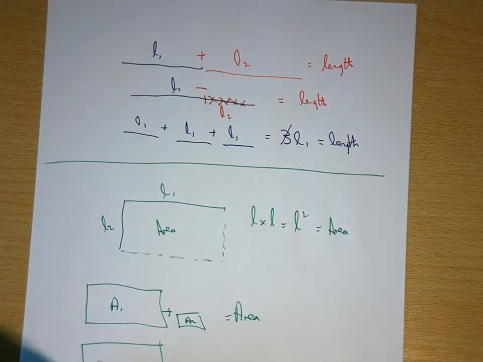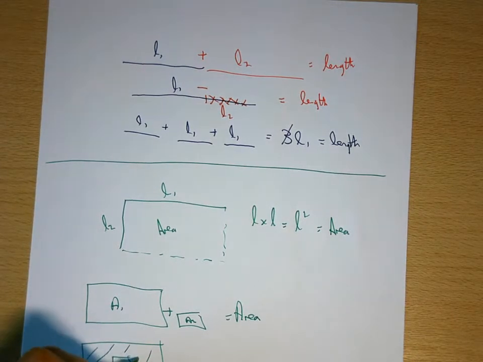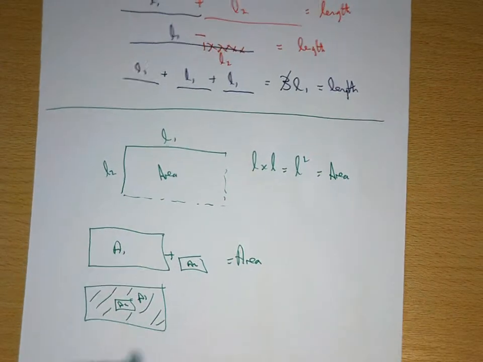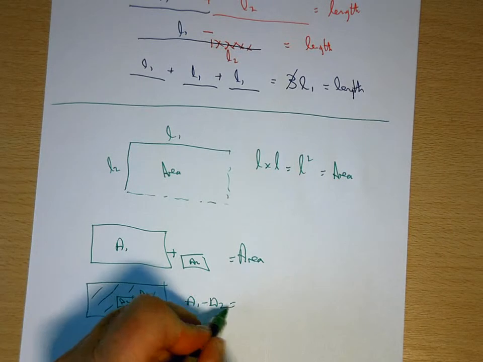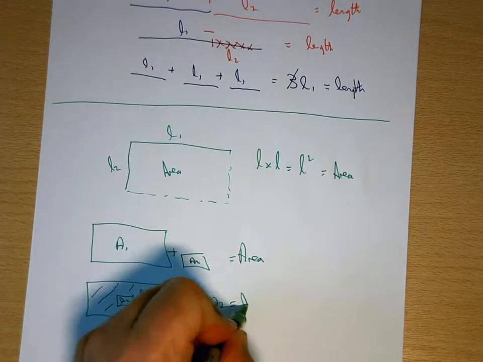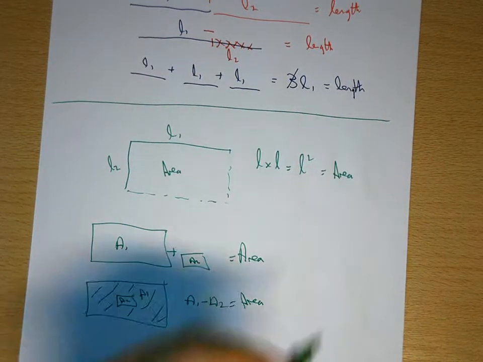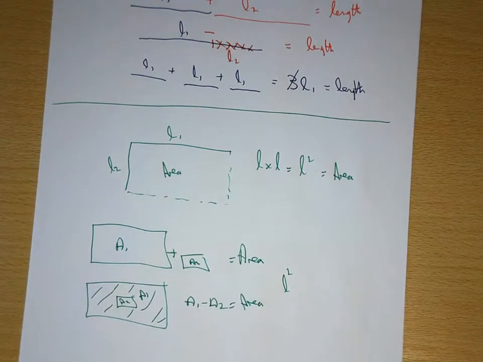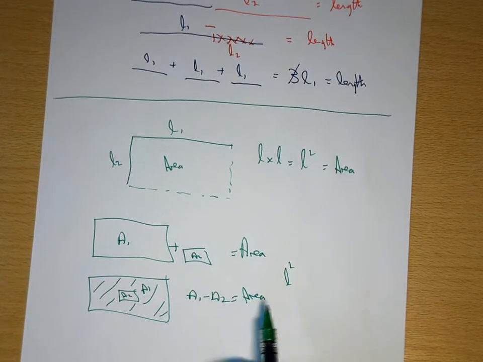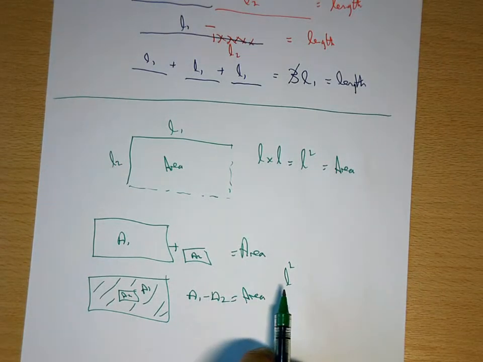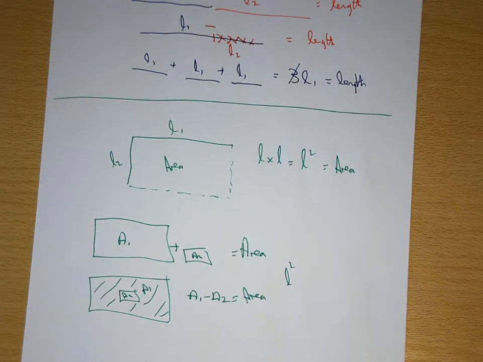Same if we subtract areas. So if we've got area 1 and we're taking out area 2, then it's still going to give us an area, which will have the units length squared. So if we end up working with the formula and we end up with length squared, then that's area.